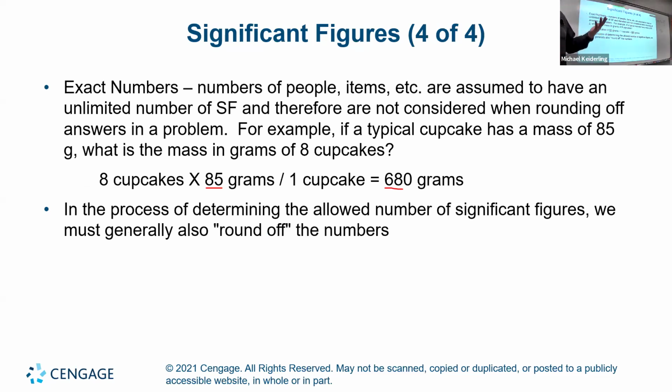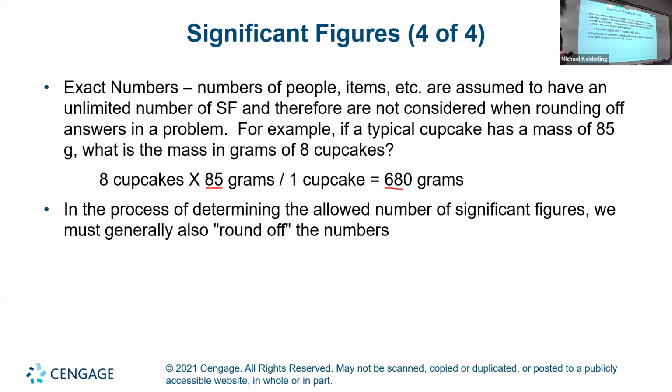So for example, if a typical cupcake has a mass of 85 grams, what's the mass in grams of 8 cupcakes? Here we can ignore the number of significant figures in that exact count of cupcakes. And we just multiply 85 grams by 8 cupcakes and get 680 grams. And we would round it to 2 significant figures.